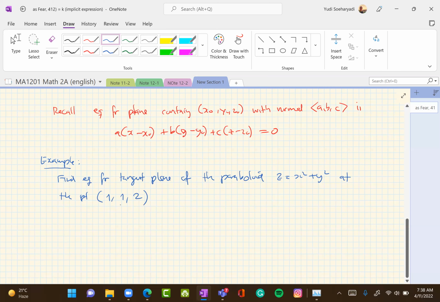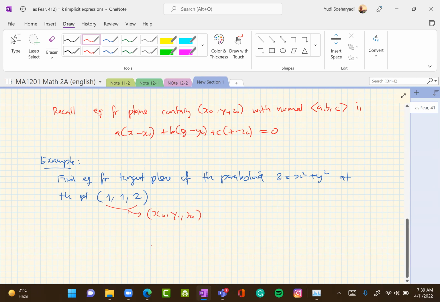Okay, so that's a point on the paraboloid. This would be our x0, y0, z0.